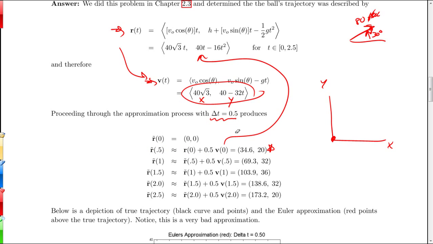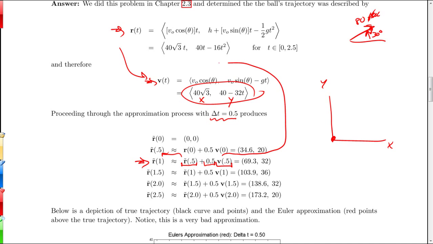Once I have my approximate position at 0.5, I can get my position at time equals 1. That's going to be my position at 0.5, which I got right there, plus my time step times my velocity at 0.5. And I get these numbers. Again, these numbers represent x and y, and you can see x and y are indeed increasing.